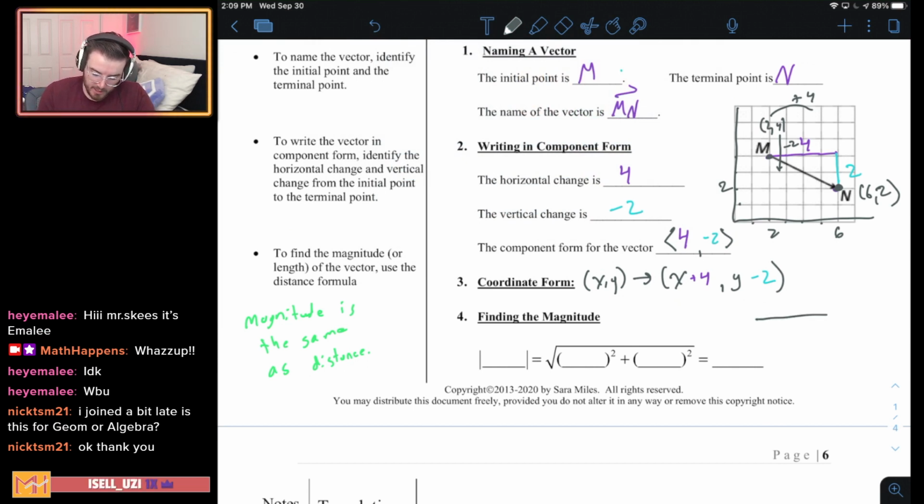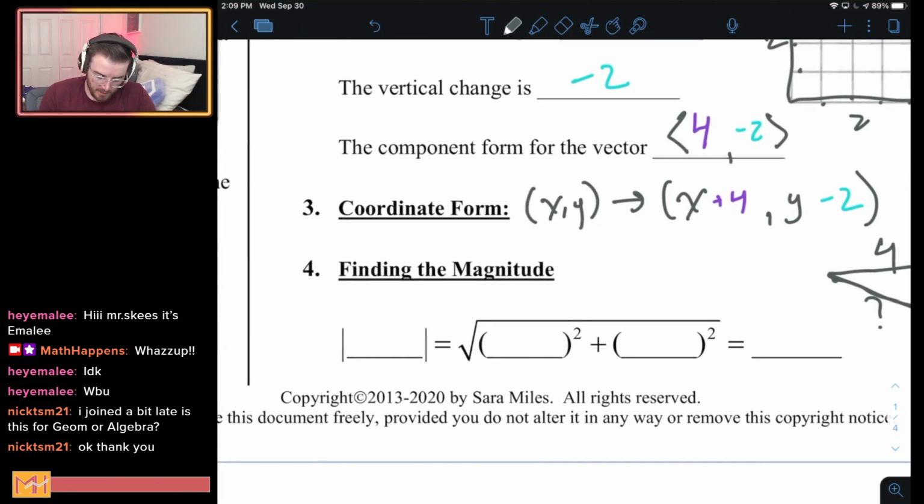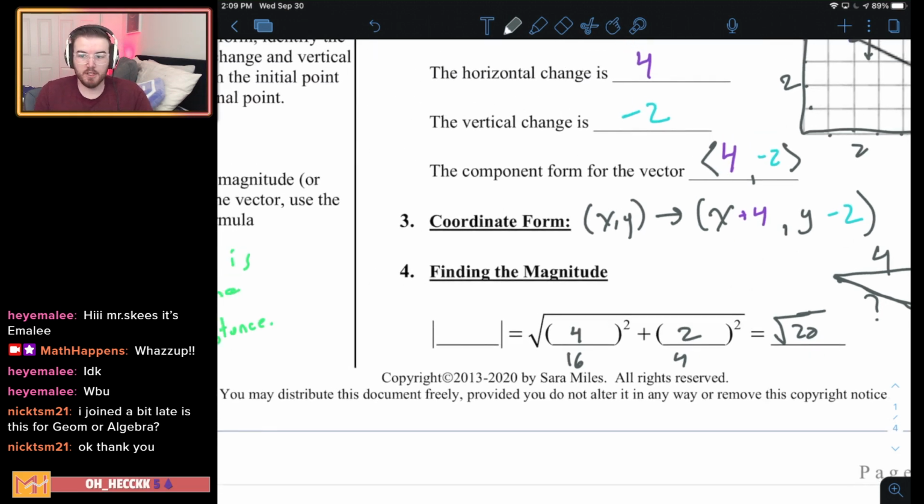I'm looking at my triangle: a squared plus b squared equals c squared. What is the length of this vector? So the magnitude is 4 squared plus 2 squared, which is the square root of 16 plus 4, so the square root of 20. That's it. The length of that vector is root 20.